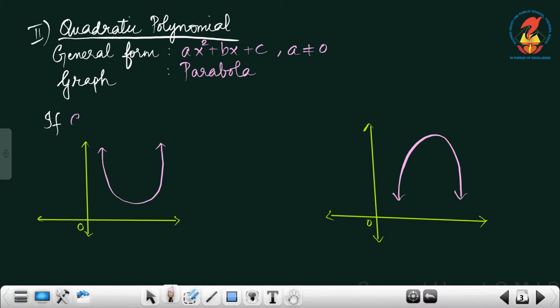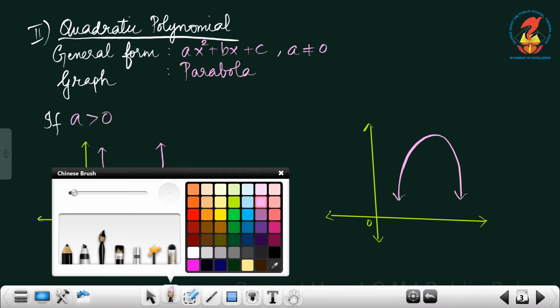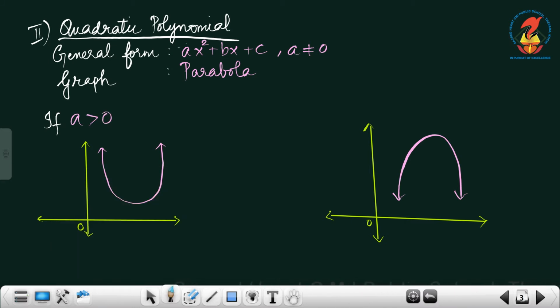Now, if a is greater than 0, we get an upward parabola, and if a is less than 0, we get a downward parabola.